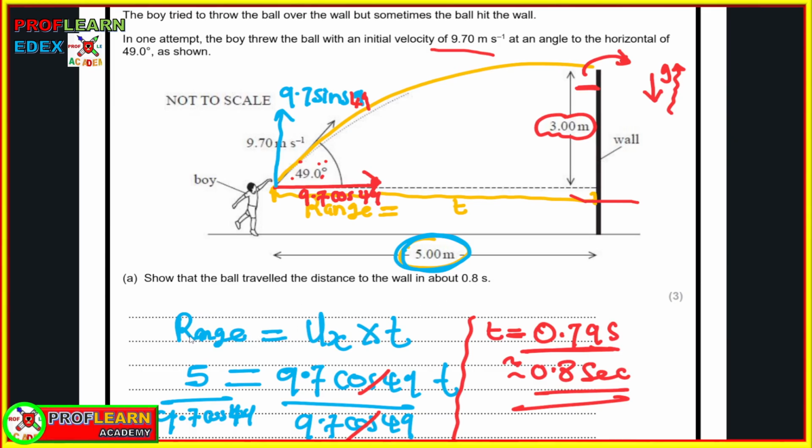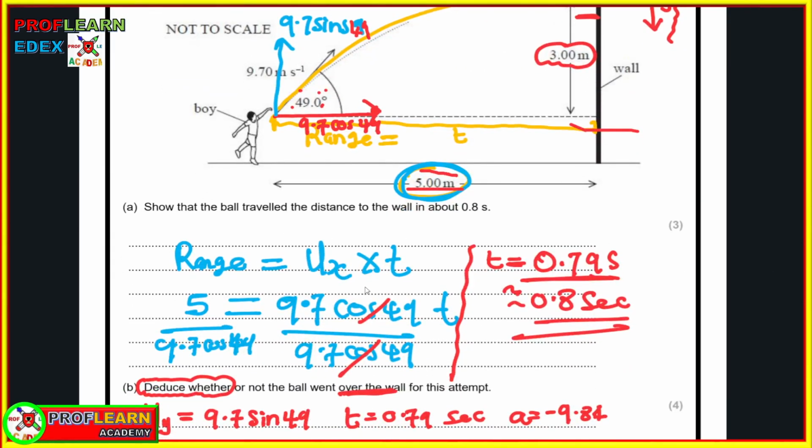Or we can decide to use the range provided here and the horizontal component to check whether we get the same time, because the range is the initial velocity in the x direction times time. Then we say that will be 5 divided by the horizontal component, which is going to give us 0.8, and that is correct.